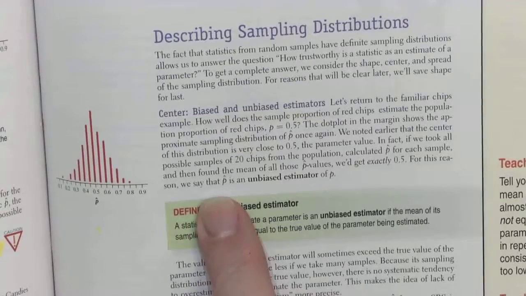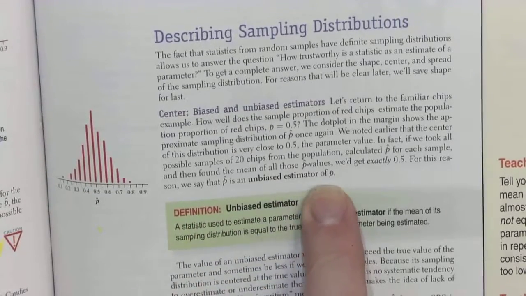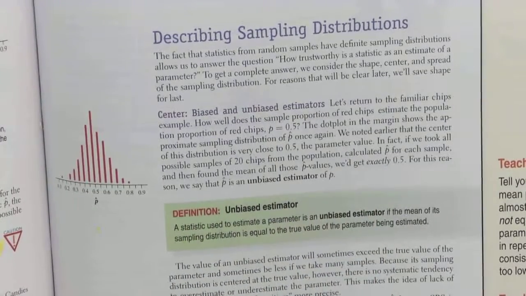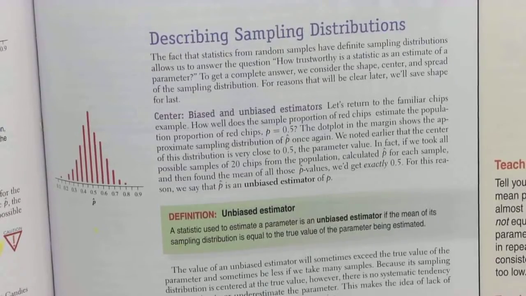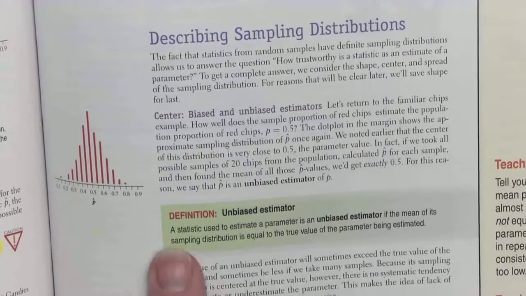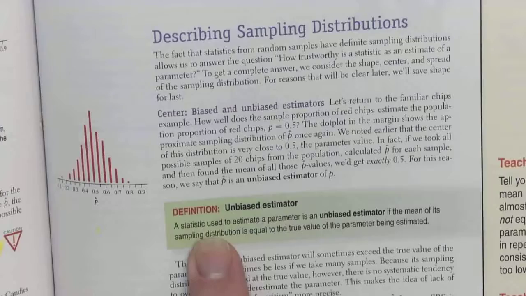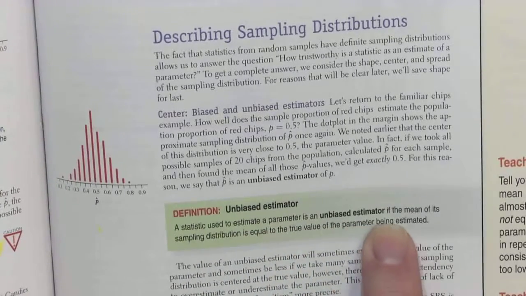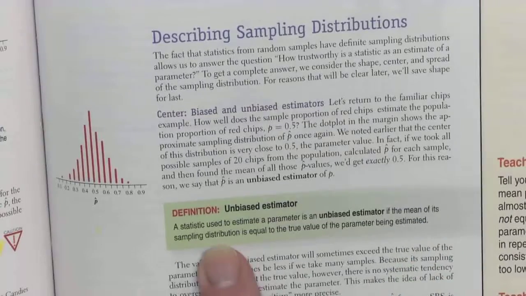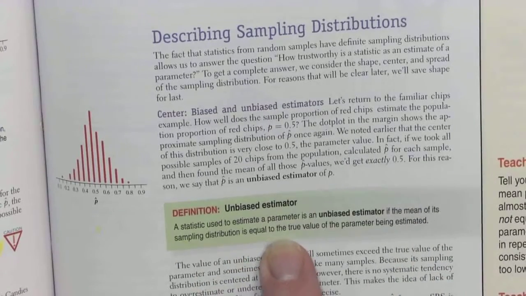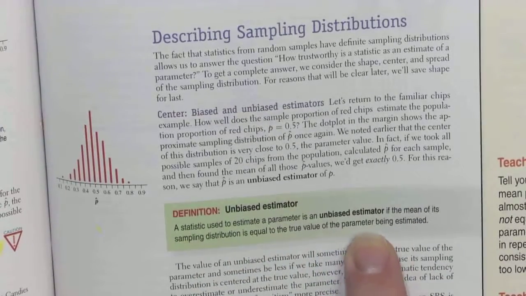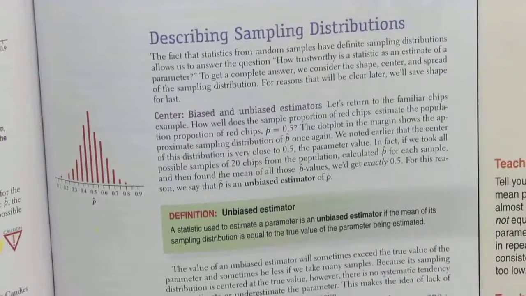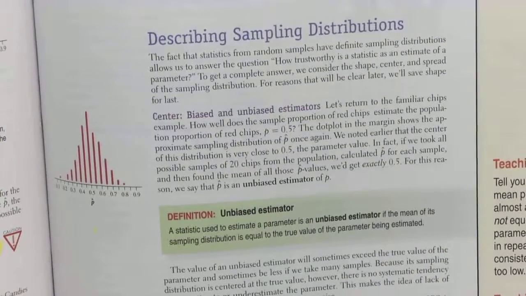For this reason, we say that p hat is an unbiased estimator of p. Here is the definition: a statistic used to estimate a parameter is an unbiased estimator if the mean of its sampling distribution is equal to the true value of the parameter being estimated.